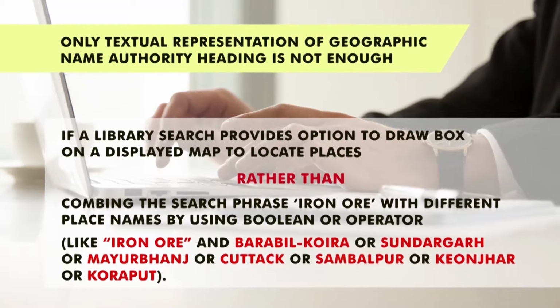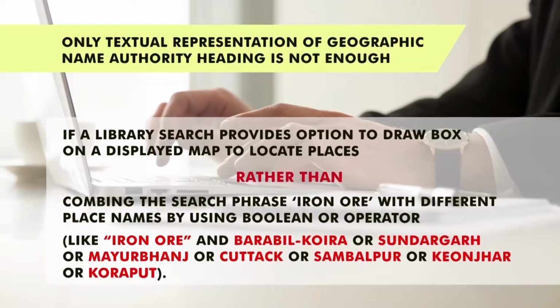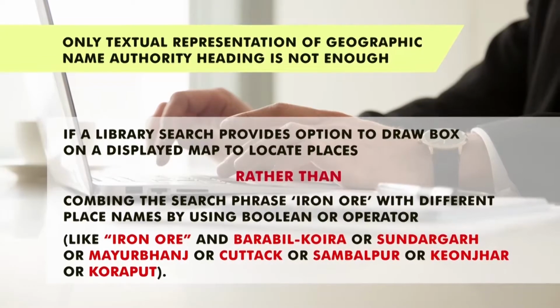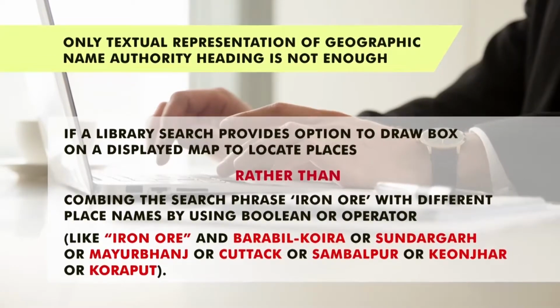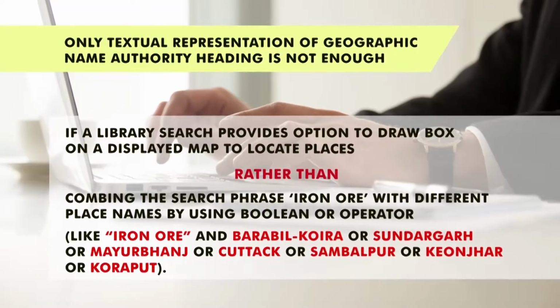So, it is a very complex situation, and it is too much to expect from a novice user that he or she will be able to find relevant documents against this kind of complex query formulation.